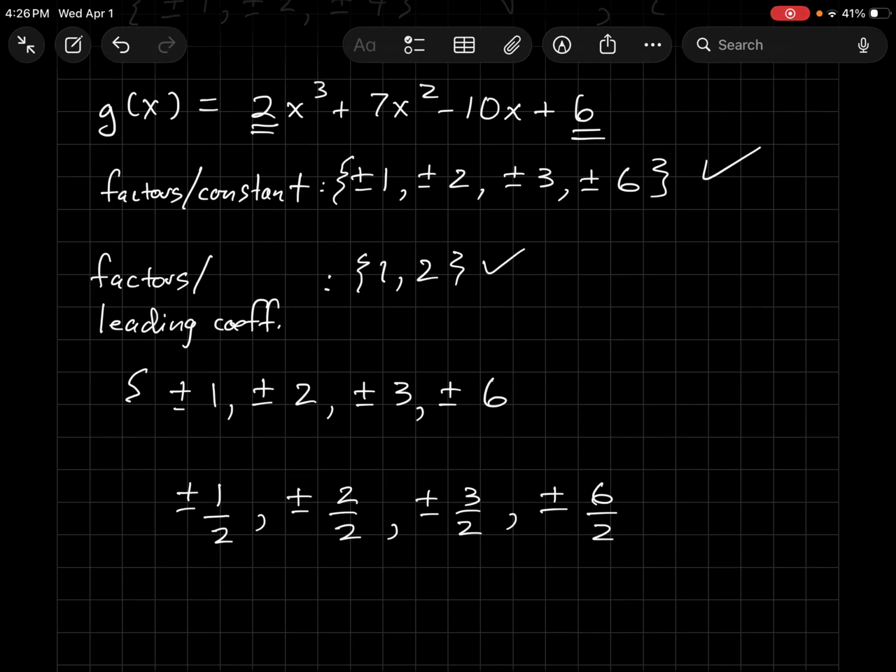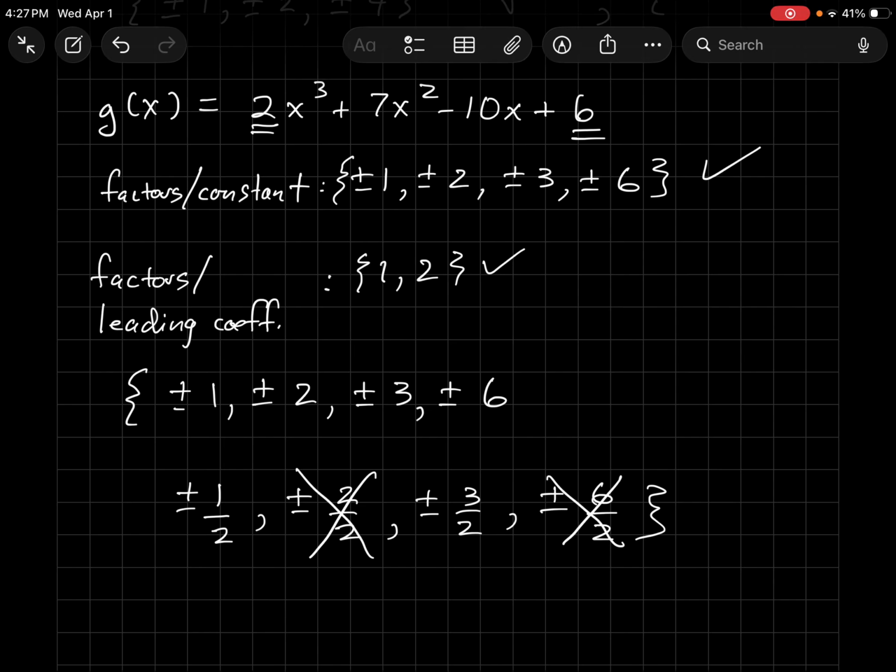So all of these are the possible rational roots. But then I go back and look to see if I have any repeats. I see that 2 over 2 is 1, so I don't need to repeat that one. 6 over 2 is 3, which I already have up top. So what's left over are the possible rational roots.